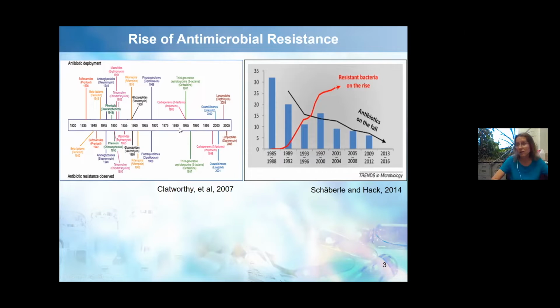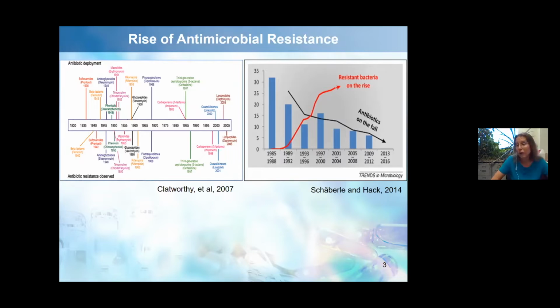mechanisms that have developed. And unfortunately, for these and other reasons, we see a decline in the number of new antimicrobials on the market. Obvious targets are already exhausted. It's hard to come up with novel chemical scaffolds.